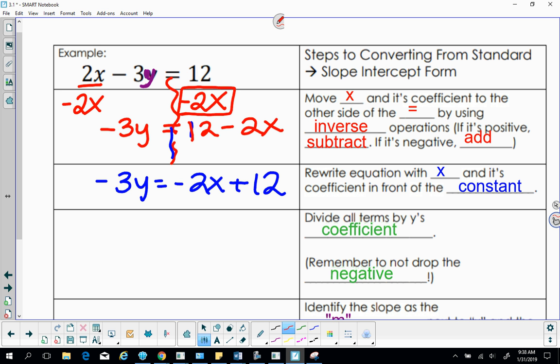Next, I want to get this y by itself. So who can raise their hand? How would I get that clean negative 3 out of the way, Michael? Right. Divide it, right? And so we're going to divide each term by negative 3. I'm actually going to do that in green.